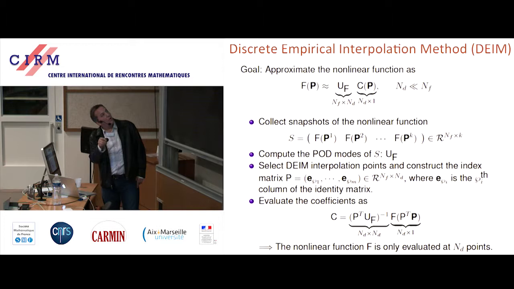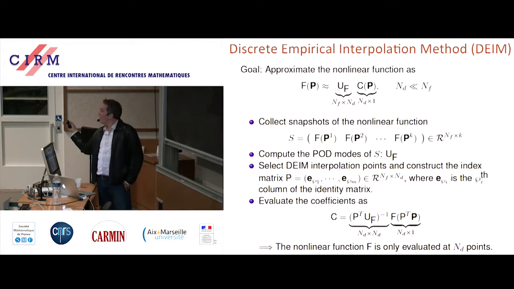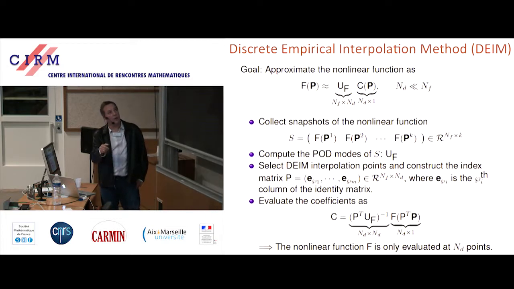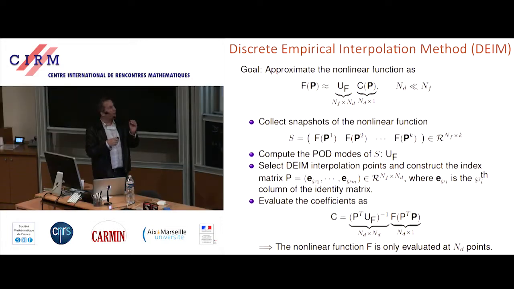So what we end up doing is first forming a snapshot space of several possible values of these nonlinear functions, and then applying POD to these nonlinear functions to get the most energetic modes, and then a simple greedy algorithm: wherever the maximum of the first mode is, that's where we evaluate first. Then the difference between the first and the second is our residual, and the maximum of that is the next point, and so forth.